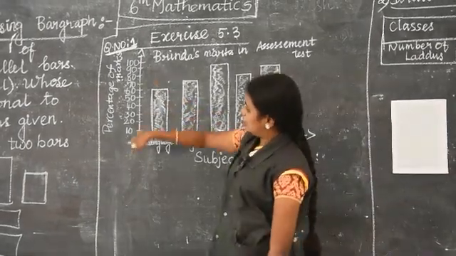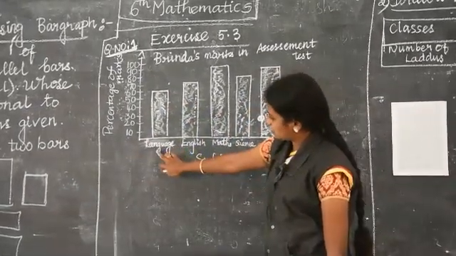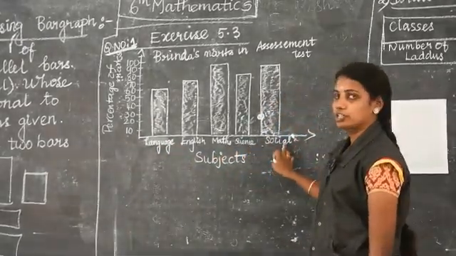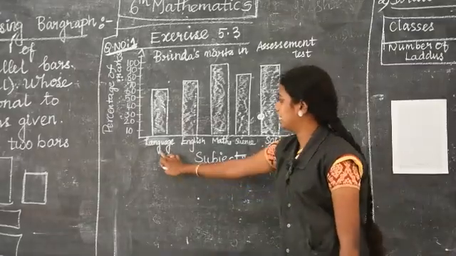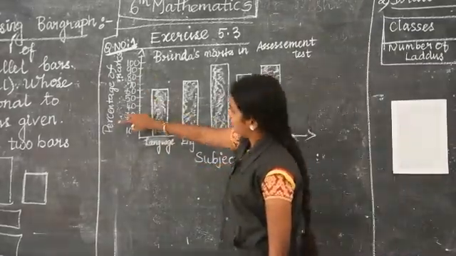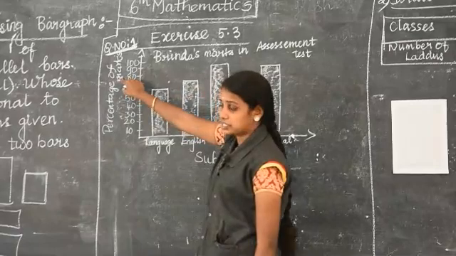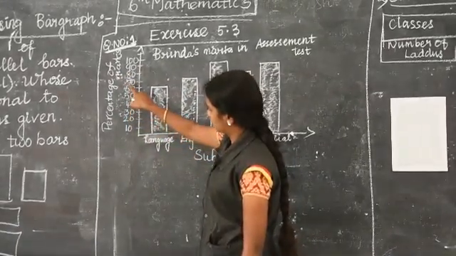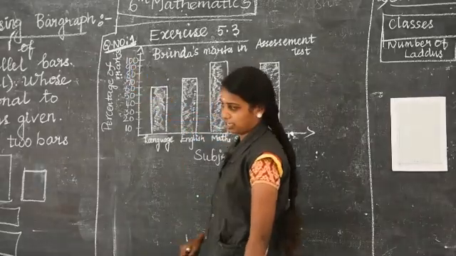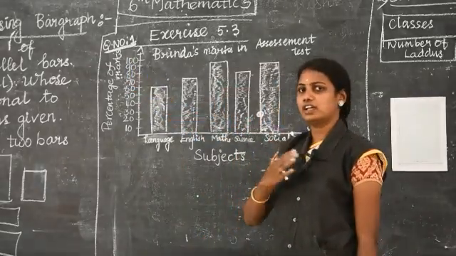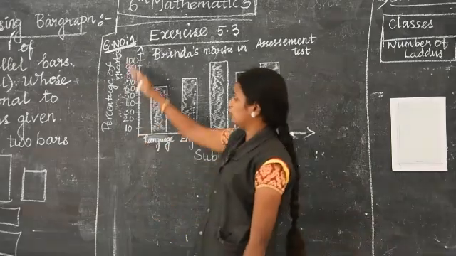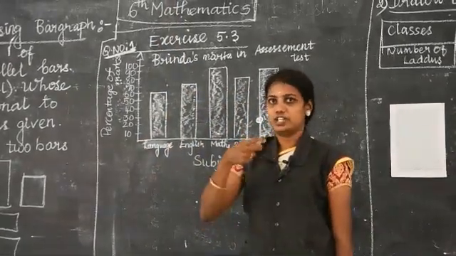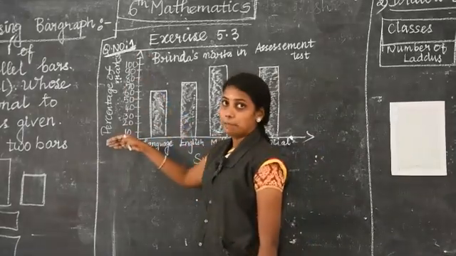Now, observe the graph. What are the things given? Language, English, Maths, Science, Social. Five subjects. That's why the heading is subjects. Here, percentage of marks is given: 10, 20, 30, 40, 50, 60, 70, 80, 90, 100. You can ask me, why can't we take 1 and 2? If you take 1 and 2, it will go up to 100. So for our convenience, we are going for tens, multiples of 10.